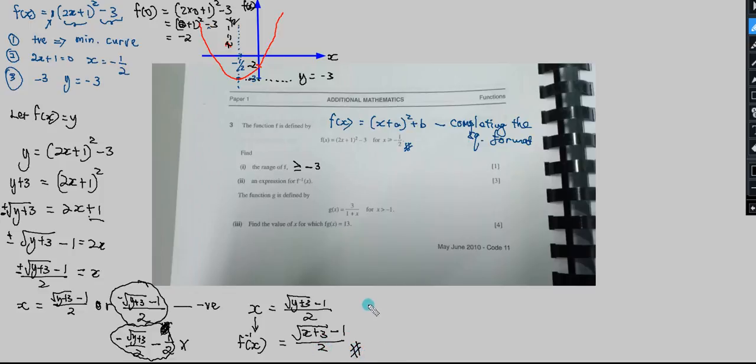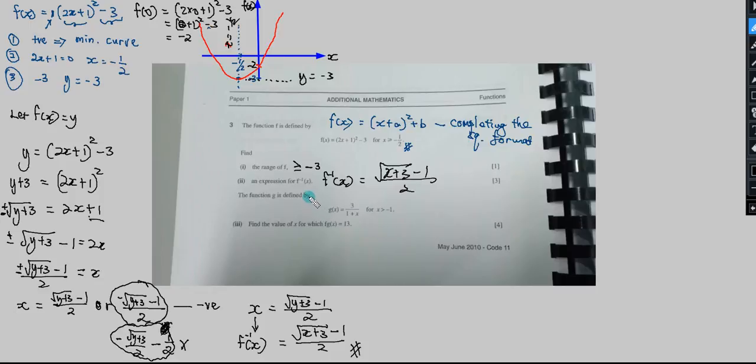This is the inverse function. X becomes your inverse function, your y becomes the x, once you make x the subject. So that is the answer for the expression. So the inverse function is actually equal to square root of x plus 3, minus 1, over 2.